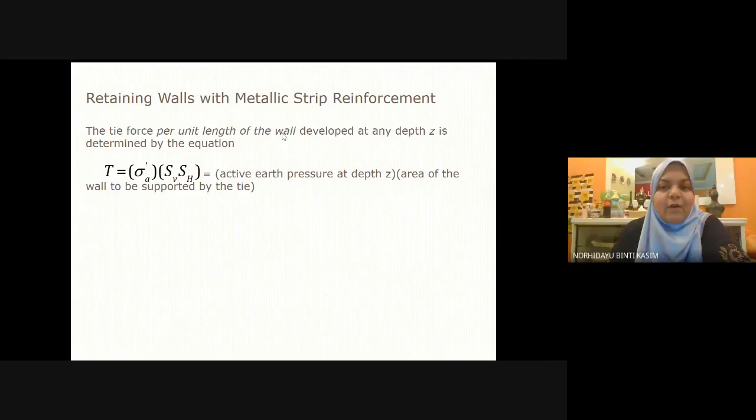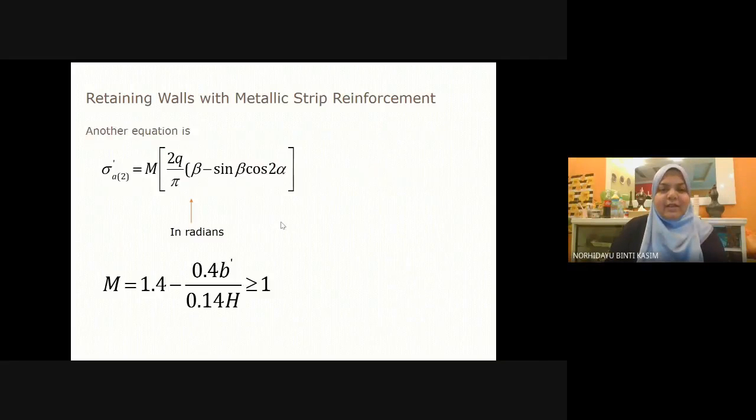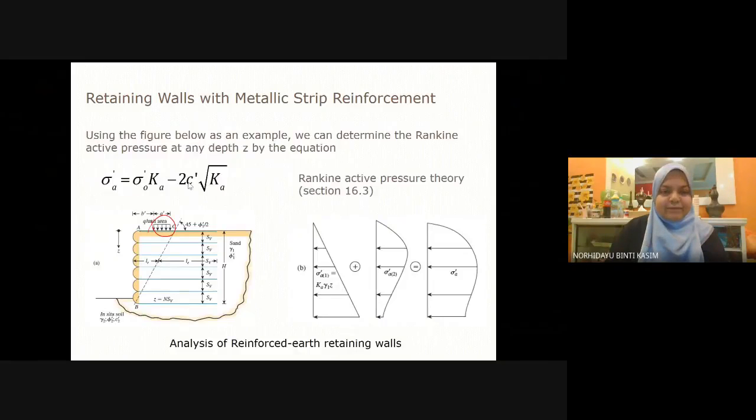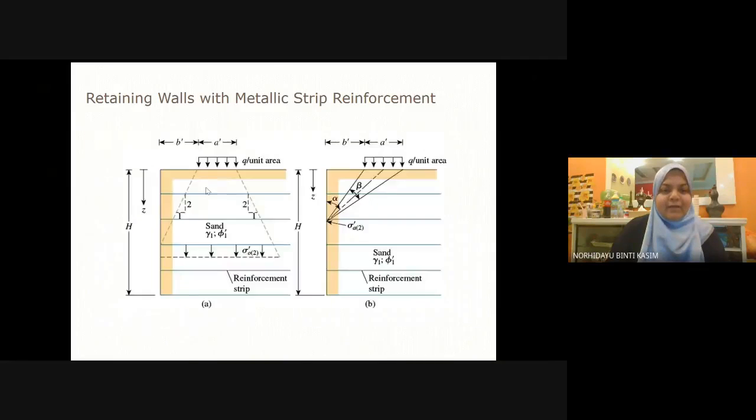The tie force per unit length of the wall developed at any depth Z can be determined by this equation: T equals sigma A prime times SV SH. This one is the active pressure at the depth Z. We went through the equation just now, here, to get the sigma A prime.